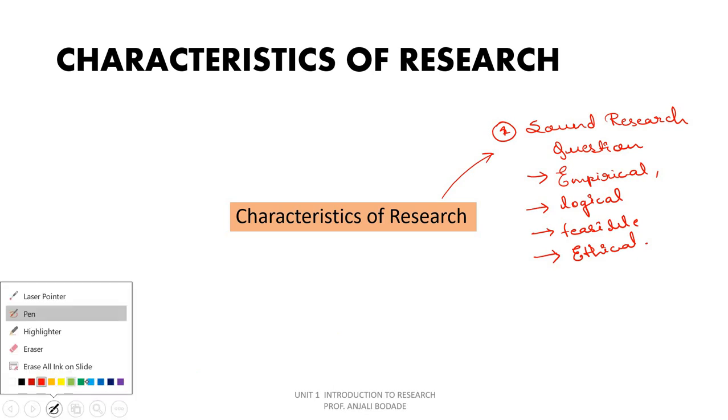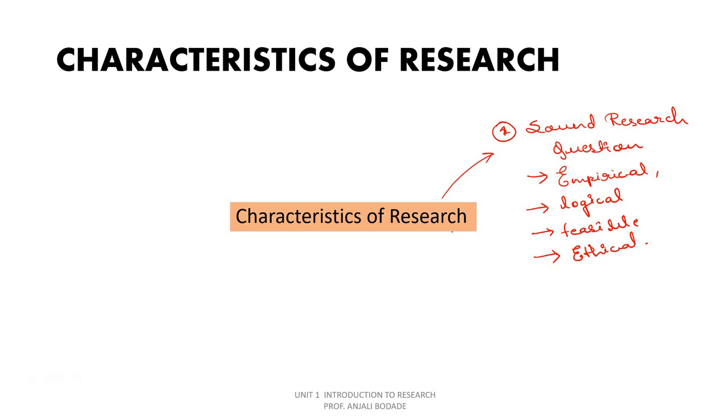Second, follows a systematic research methodology. The quality and success of a research study largely depends on the method of research it uses. An appropriate research method helps the researcher to collect relevant data and apply appropriate data analysis methods.